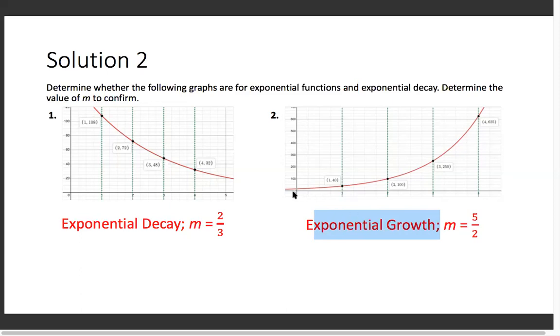Thus, the graph should actually be going up. All right? So definitely, given the graphs of particular exponential functions, it's easy to determine which graphs are for exponential decay and which ones are for exponential growth.